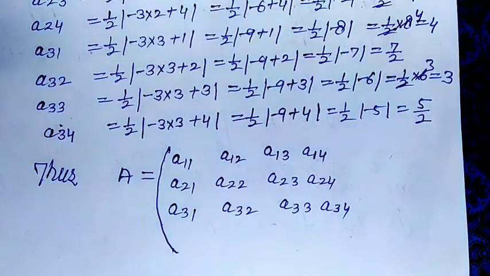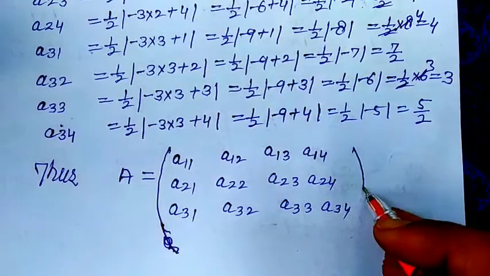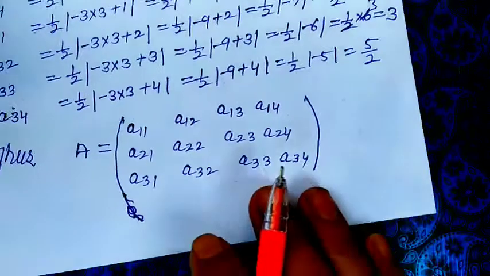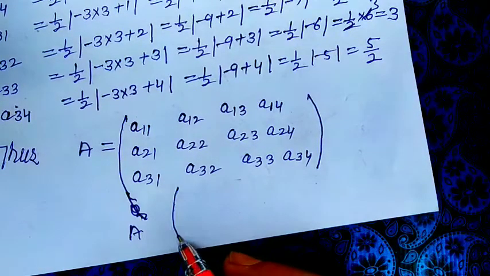These are the 3 by 4 matrix. So we can put the elements here.